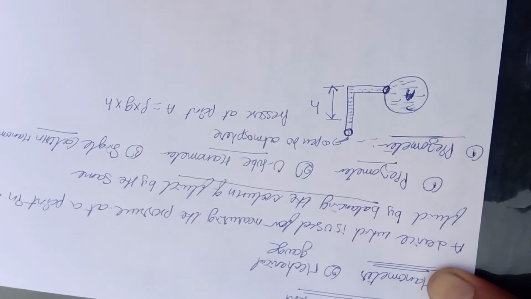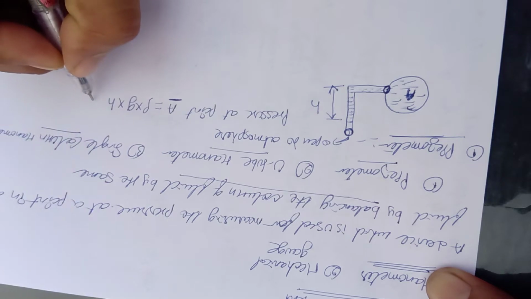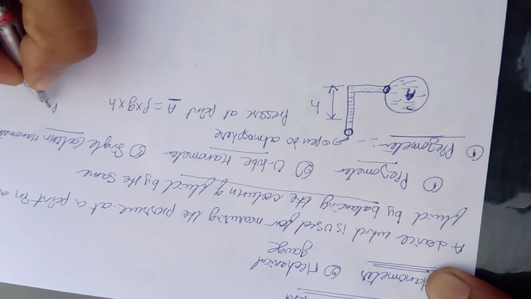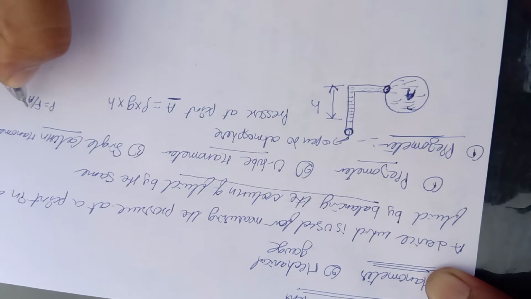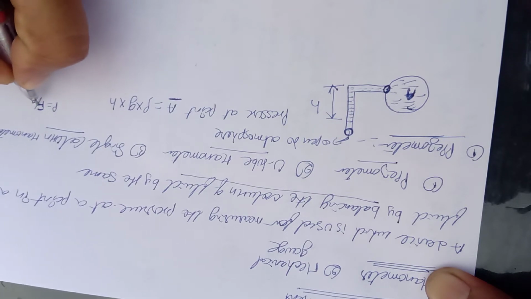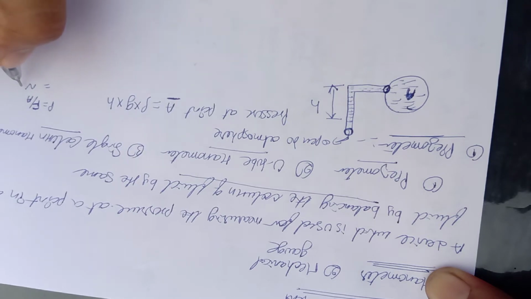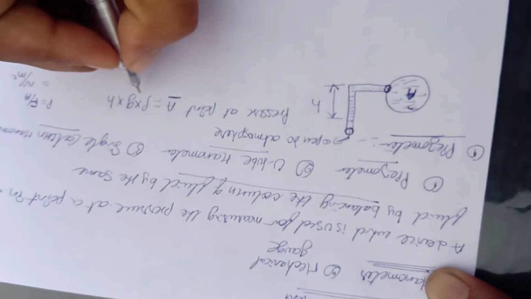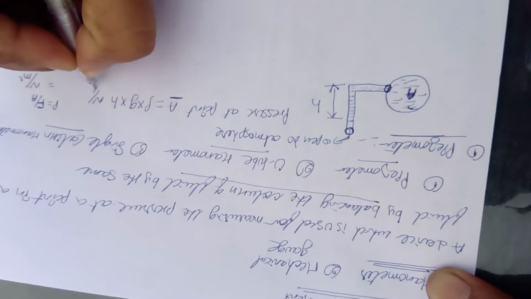So the pressure at point A would be rho g h. And what would be its unit? We know that pressure is equal to force acting per unit area. The SI unit of force is Newton, and the unit of area is meter square. So finally the pressure would be rho g h in Newton per meter square.